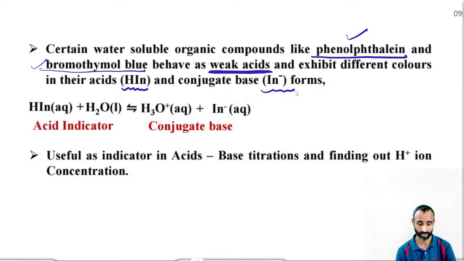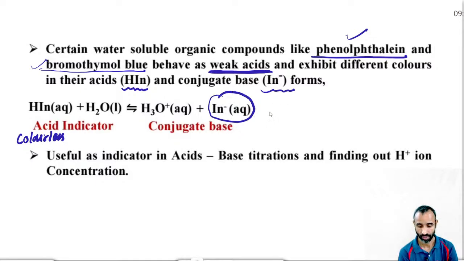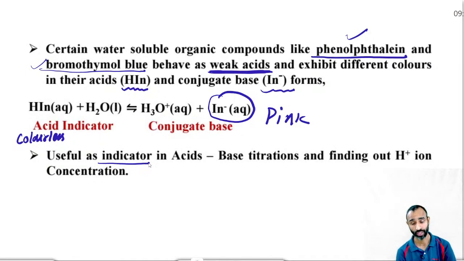Unionized form is colorless, and ionized form is pink in color. So this is a useful indicator in acid base titrations and to find out the H plus ion concentration.